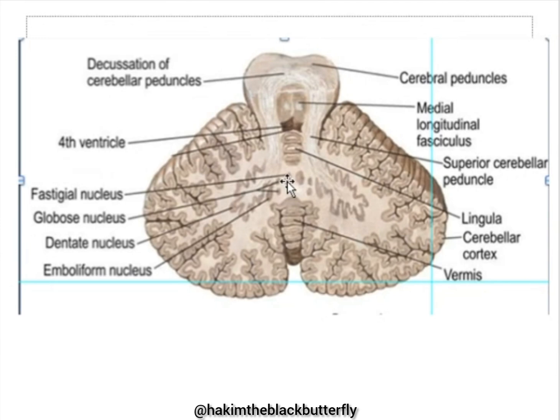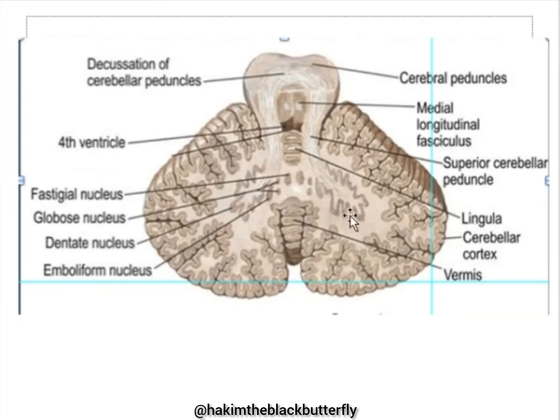I told you why we have white matter in the nervous system. So generally, the cerebellum contains an outer layer, which is the cerebellar cortex, and an inner white region, which is the cerebellar medulla. That is when you make a section through it.